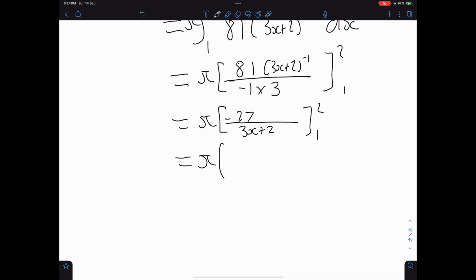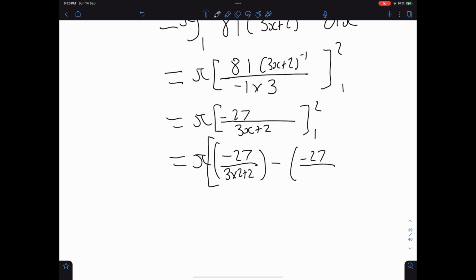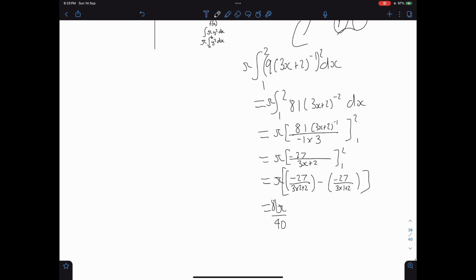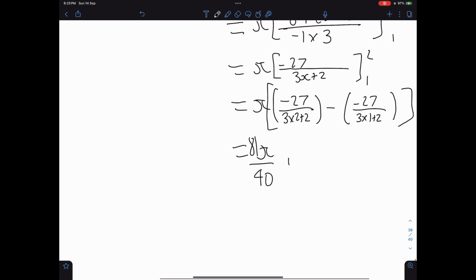And then we can just evaluate this. And ultimately this will just end up as 81 pi over 40, and that would be units cubed.